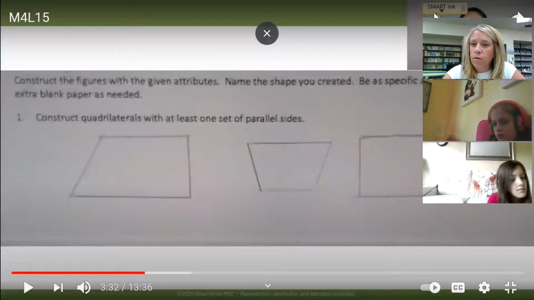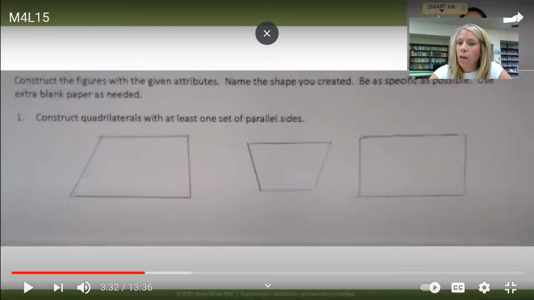And then you see we have, it looks like a rectangle, but this is still considered, it is a rectangle, but it's also a trapezoid because it has at least 1 pair of parallel sides, because the top and bottom, the horizontal lines are parallel, and also the vertical lines are parallel, and there's 4 sides. How did you do?